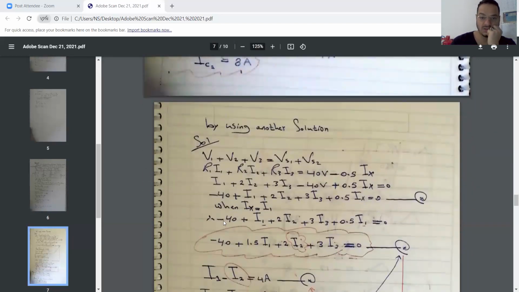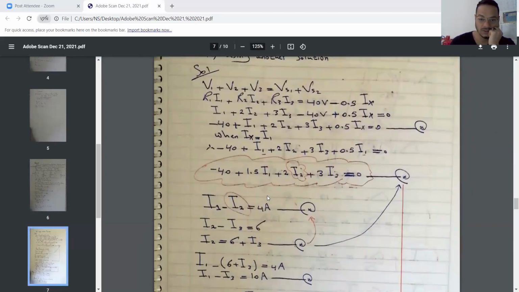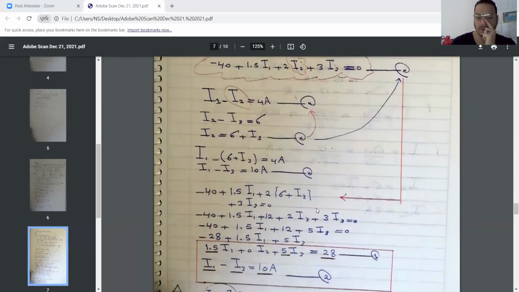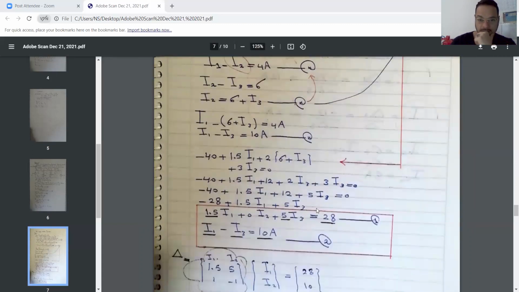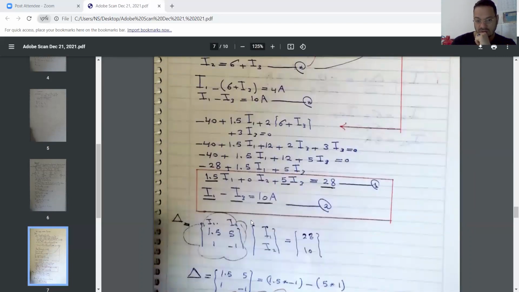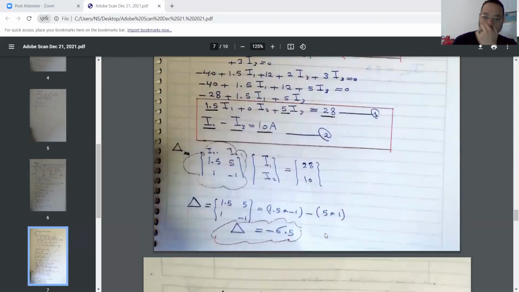Or we can use another way, the simpler one. Here we can say I1 minus I3 equals 10 ampere, and the previous equation 1.5 I1 plus 5 I3 equals 28. I put it as 0 because I use this new way. At first we get the I1 result, then the I2 result.